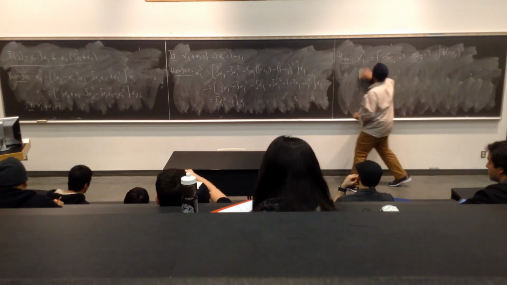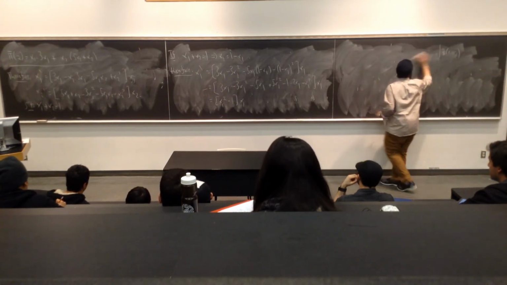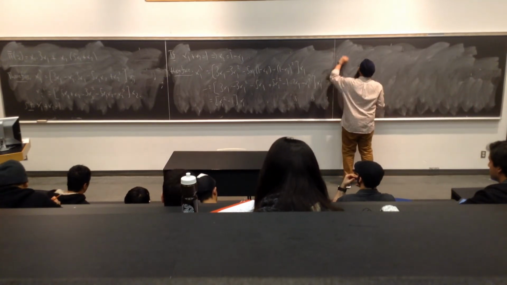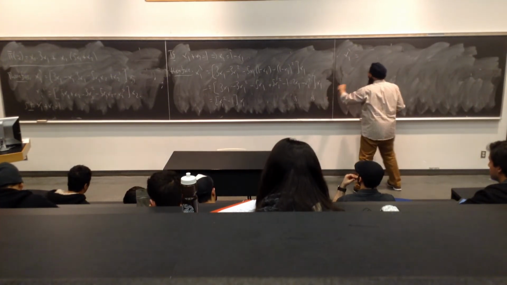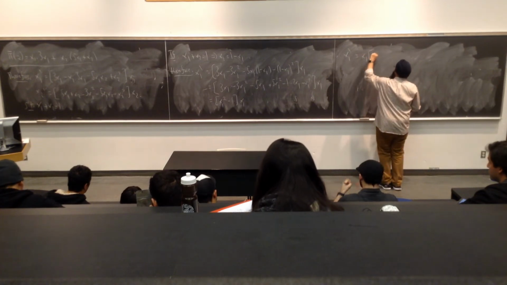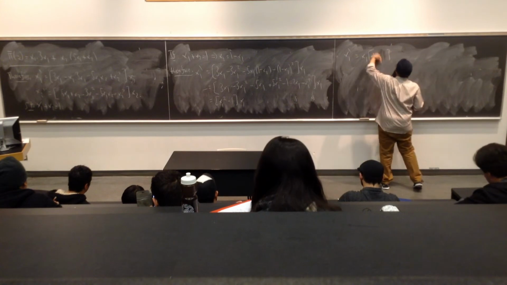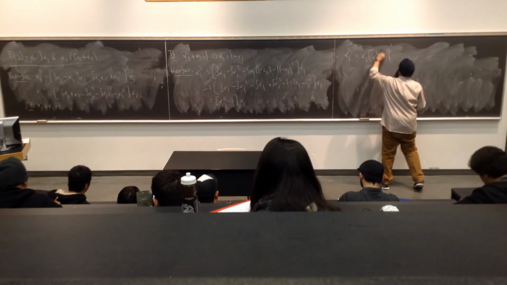Okay. So therefore, x1 prime equal to x1 times 1 minus x1 squared. I'm sorry, x1 squared minus 1.